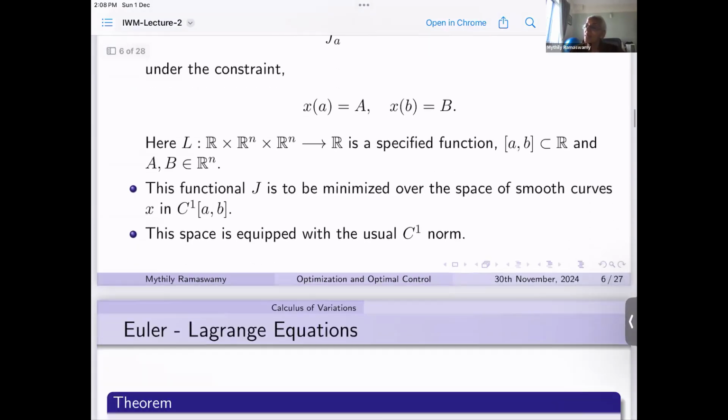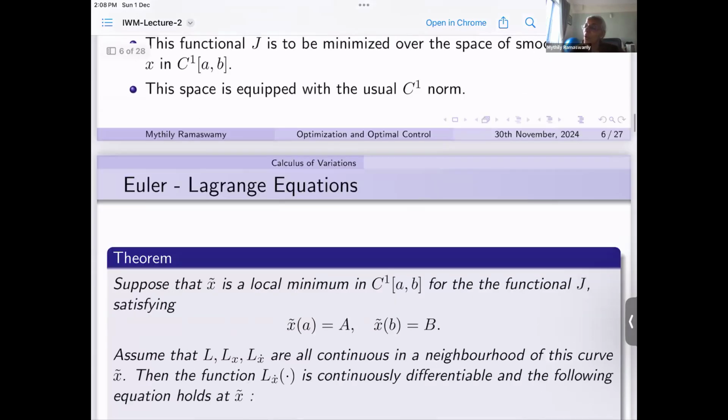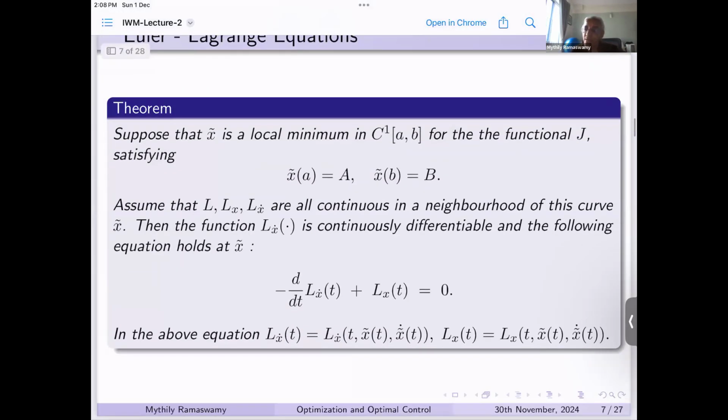So this space is equipped with the usual C1 norm, and then we saw, I didn't derive this, but the idea is very simple. You have to give a small perturbation to the optimal point x tilde, which is a curve now. You will change it to x tilde plus theta h and then reduce it to a function of theta. When theta is 0, you know the integral is going to have a minimum.